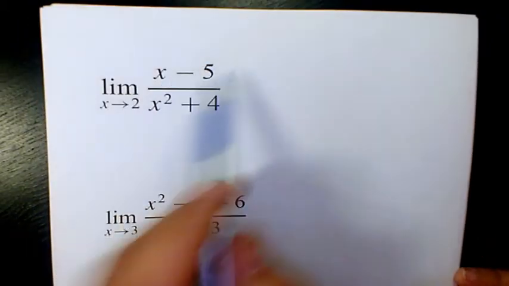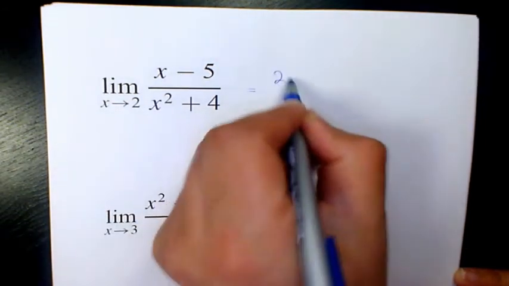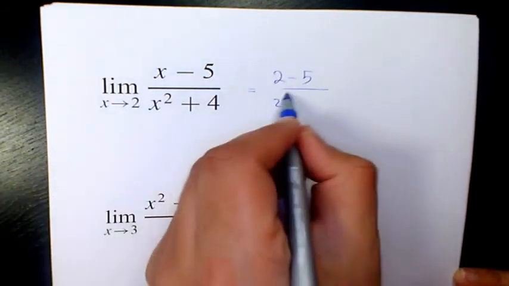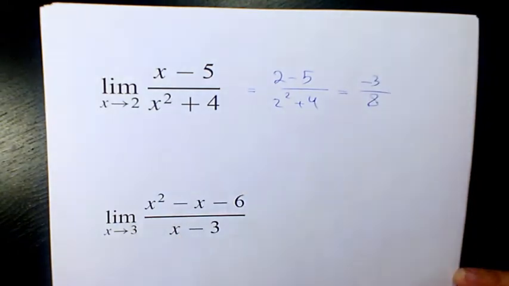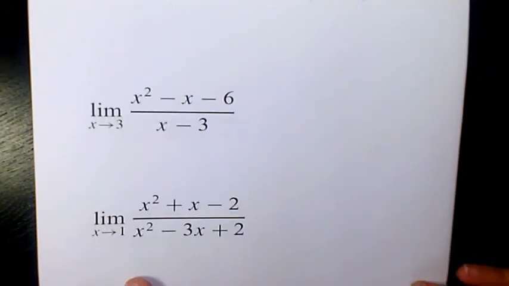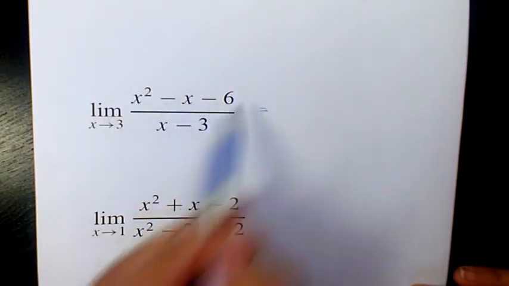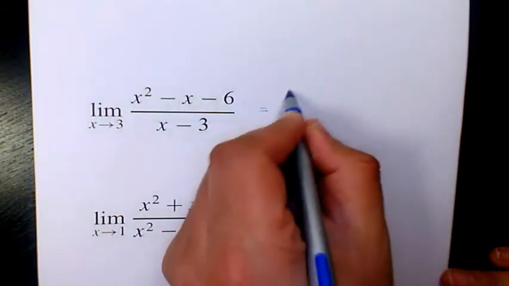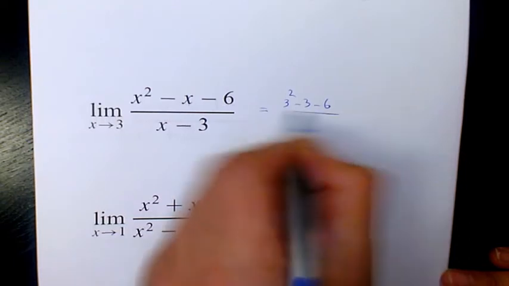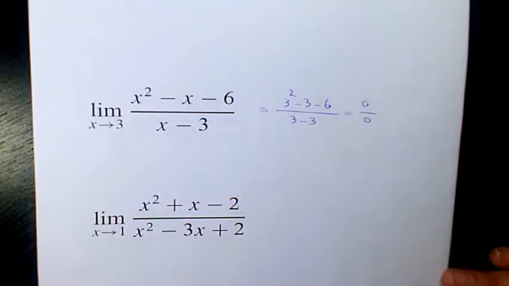Next one. Limit of x minus 5 divided by x squared plus 4. It's going to be 2 minus 5 divided by 2 squared plus 4. It's going to be negative 3 divided by 8. Next one. X squared minus x minus 6 divided by x minus 3. So when you sub it there, it's going to be 3 squared minus 3 minus 6, 3 minus 3. As you see here, it's going to be 0 over 0.